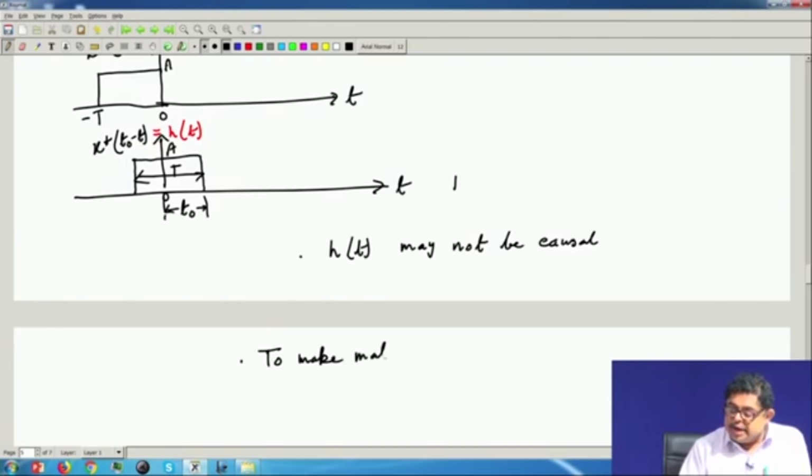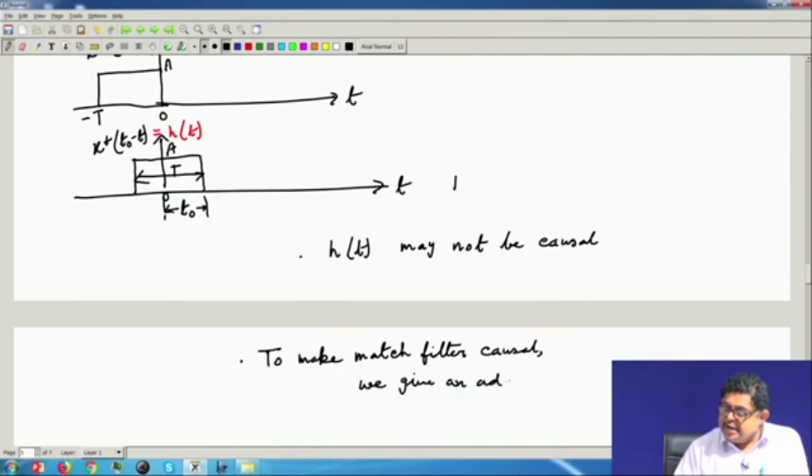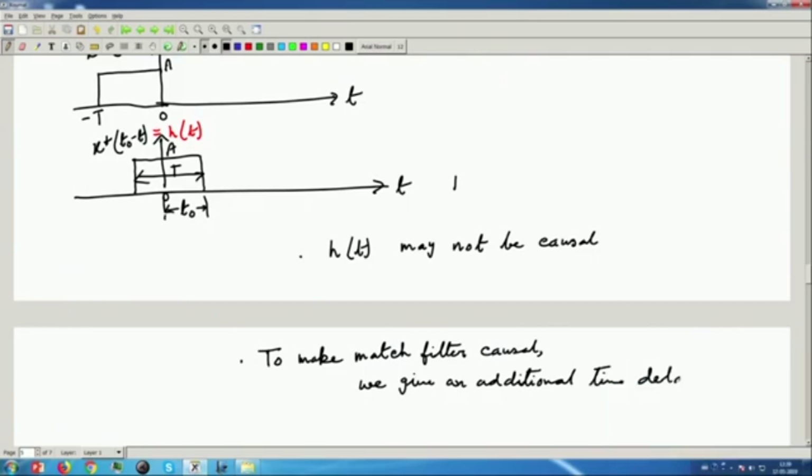So, I will say that to make the matched filter causal, we give an additional time delay, let us call it tau naught.